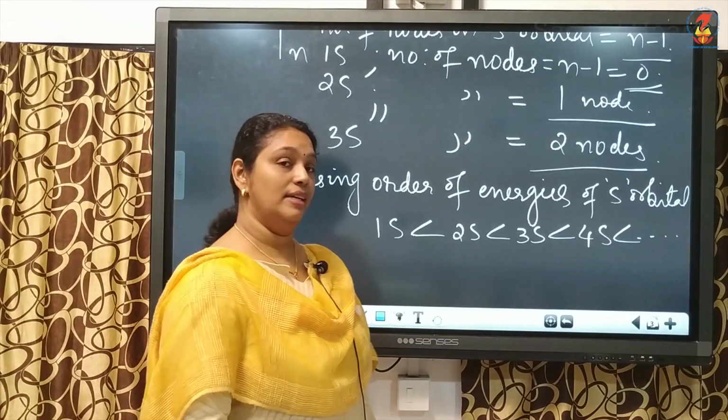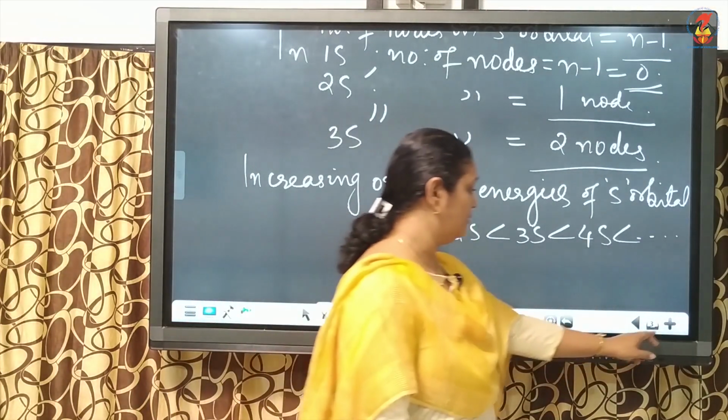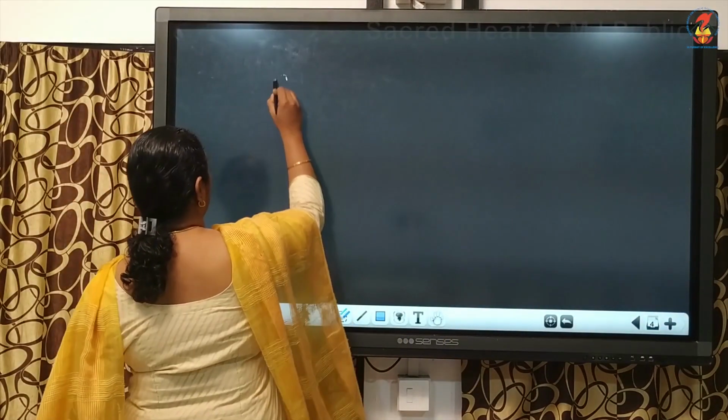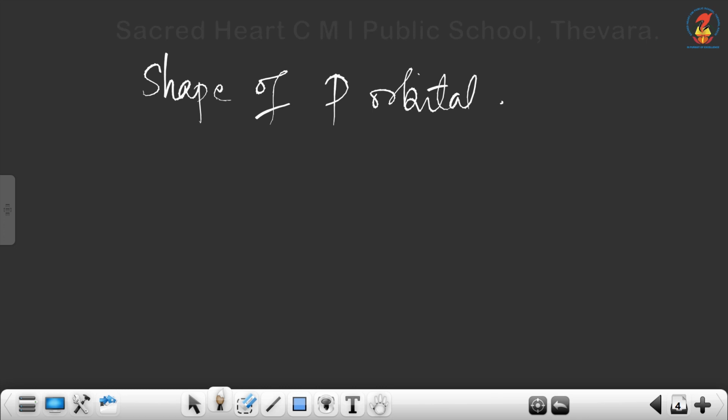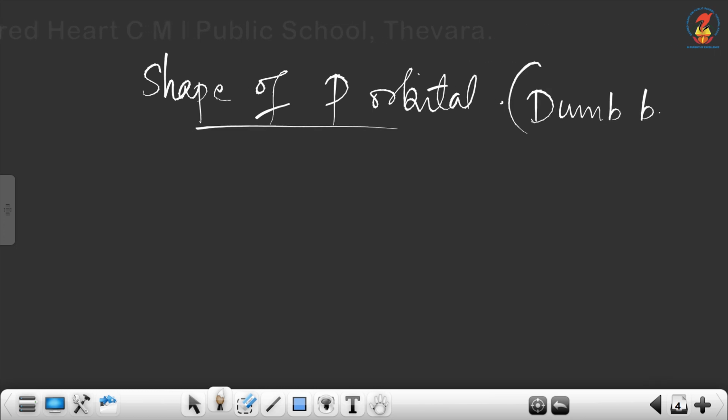Now next let us discuss the shape of p orbitals. Shape of p orbital, and the name of the shape is dumbbell shape.